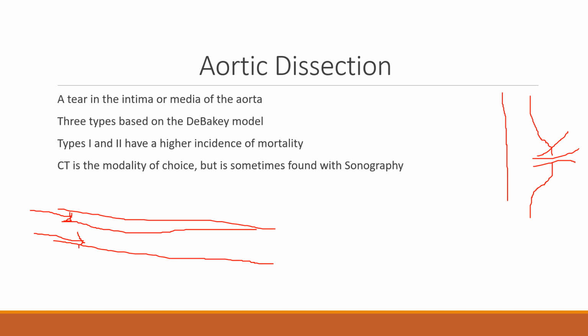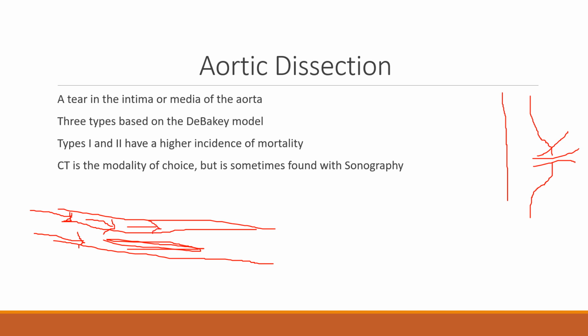So most of the blood is still flowing through here, through the lumen. But you get this tear, and as the blood moves into here, the tear gets bigger and bigger. Okay, that's a dissection. It's a splitting of the walls.